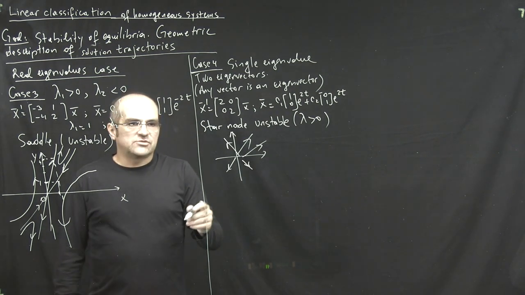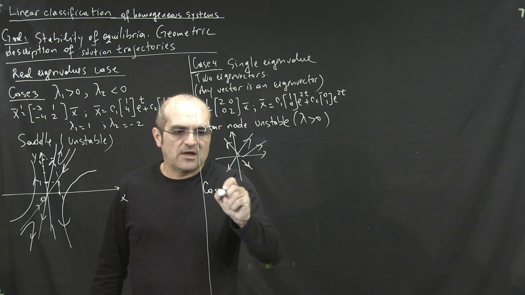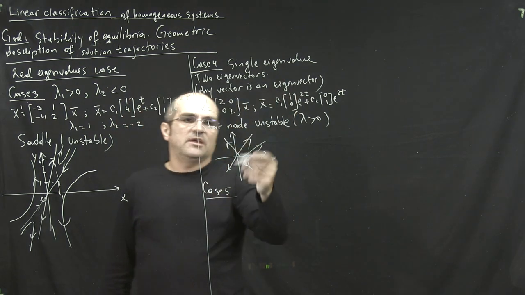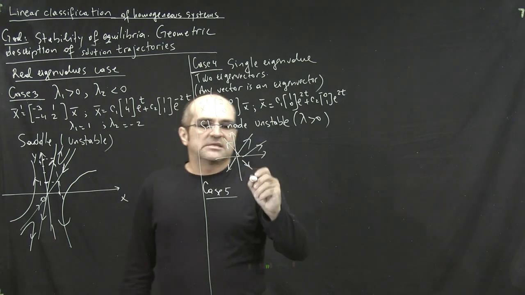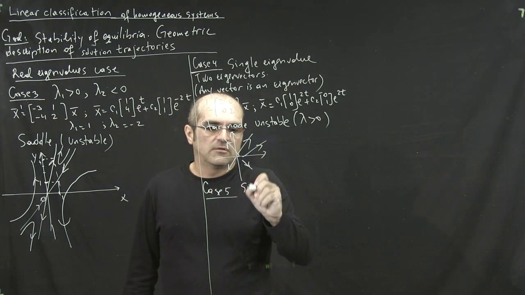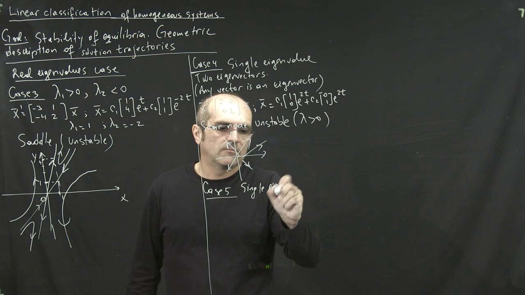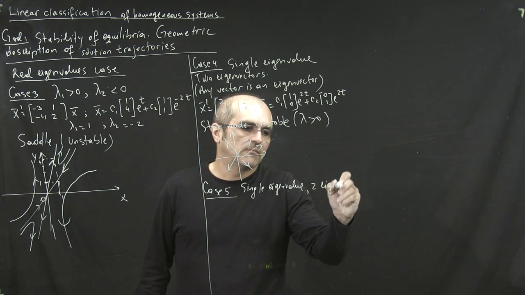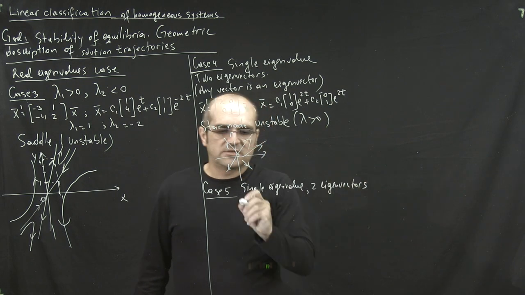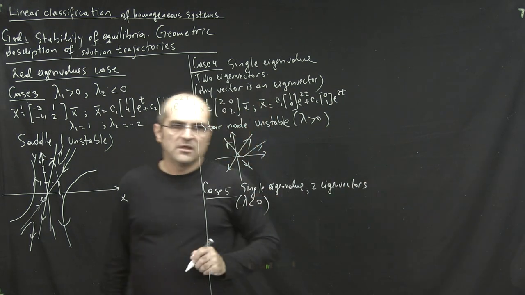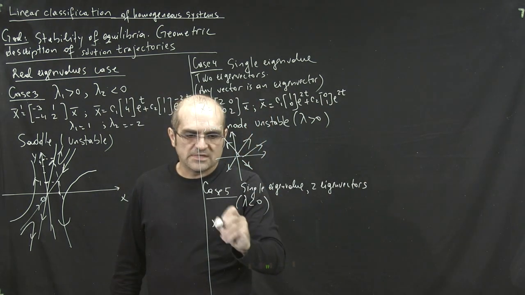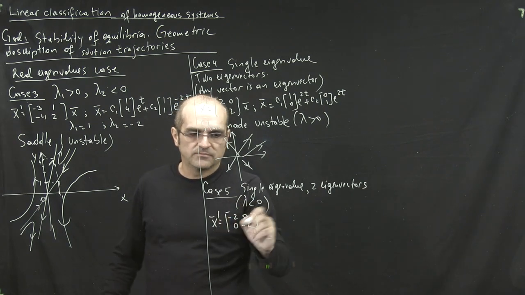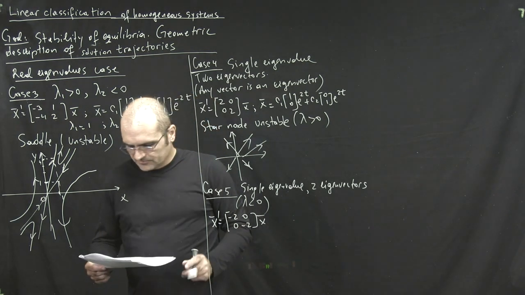So the opposite case of this, or the opposite one in terms of the stability: single eigenvalue, two eigenvectors, but with lambda negative. So let's say x prime is equal to [[-2, 0], [0, -2]] x.